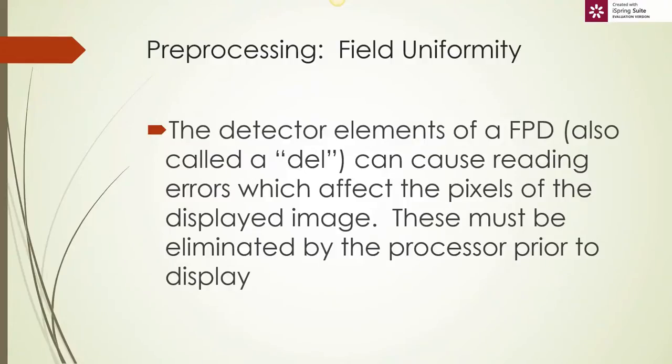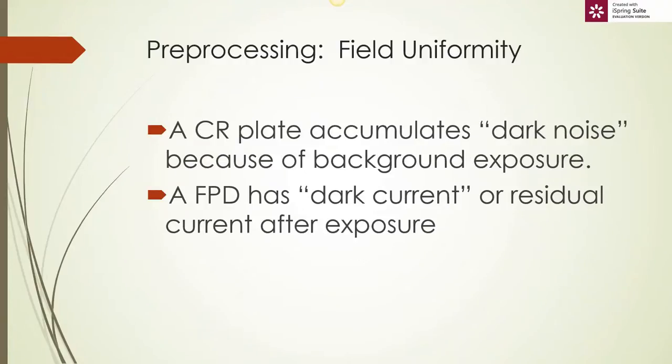Now, all right, we talked about this already. This is what I found kind of interesting, because the CR plate part here, the dark noise, I get it, that's not hard. If we leave plates out, they don't get used that often. One of the things you might have noticed yesterday that I did was that I cleared that 14 by 17 before I gave it to you to make exposures.